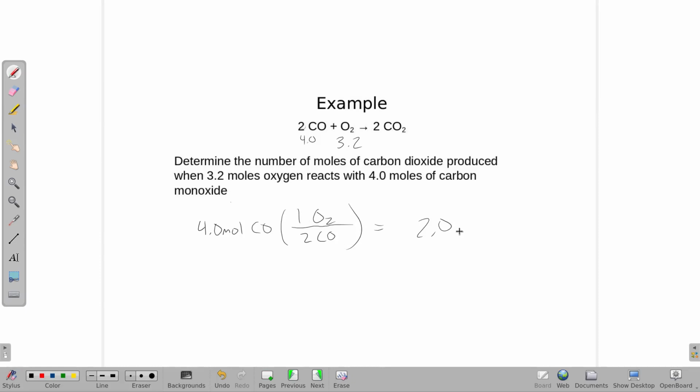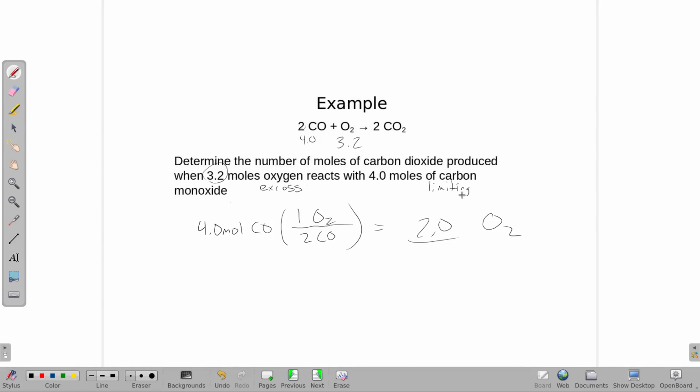What that calculation tells me is that to use up all 4 moles of carbon monoxide, I would need 2 moles of oxygen. Well, do I have 2 moles of oxygen? Yeah, I actually have 3.2 moles of oxygen. So since I have more here than what this calculation gives, this one's in excess, and this one is limiting.